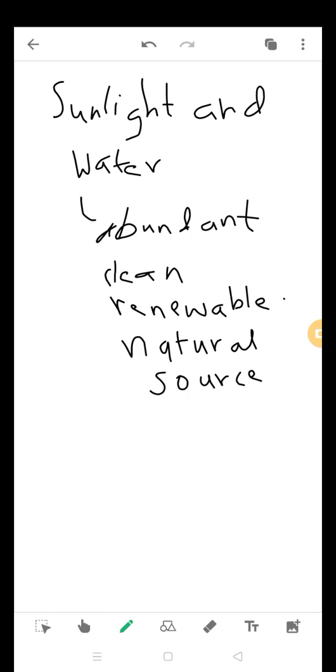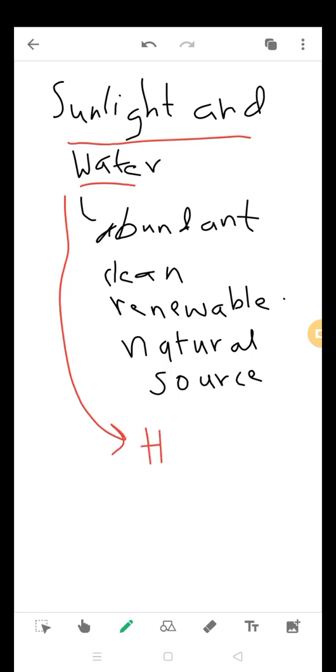And their conversion to hydrogen is described as an ideal solution to counter all the environmental issues associated with fossil fuels. So, if we could somehow convert this sunlight and water into hydrogen, that will be a very good answer to the depletion of fossil fuels that is going on.